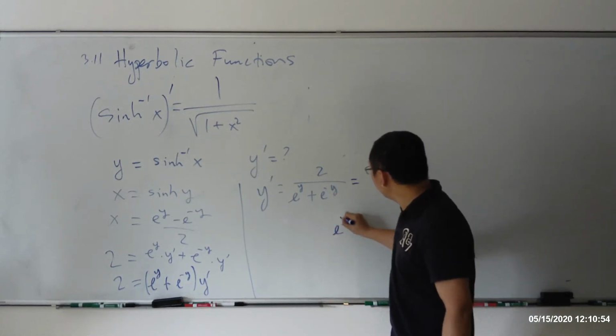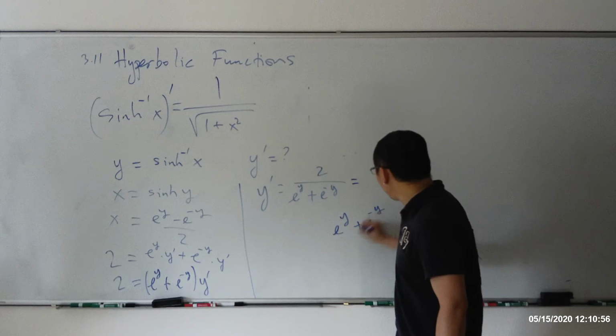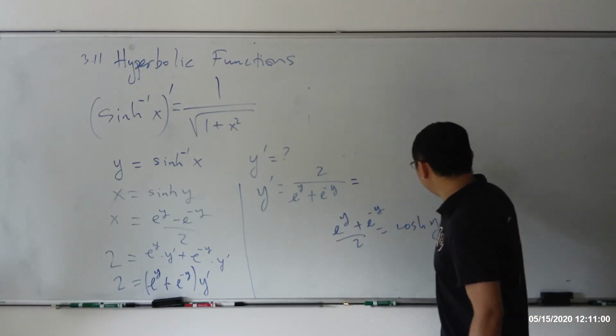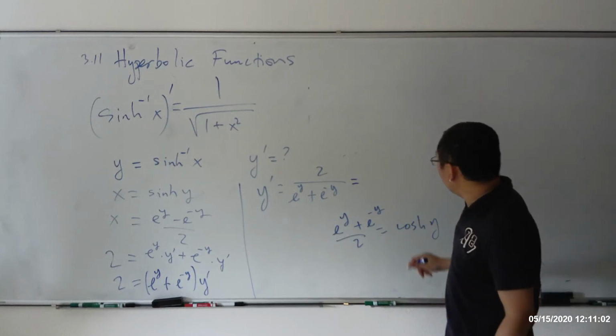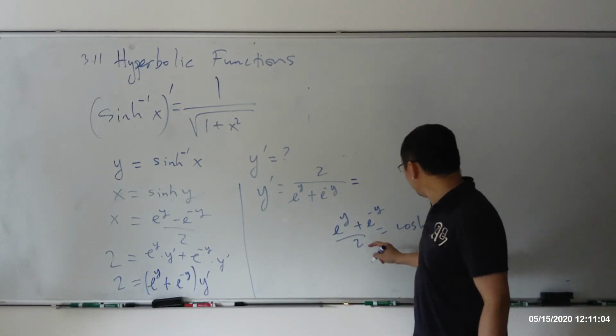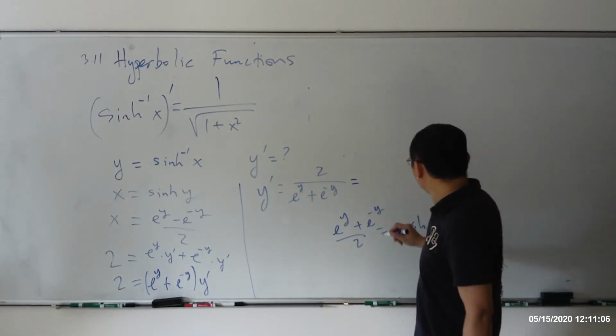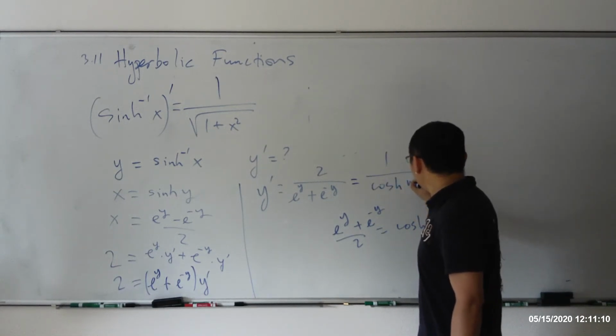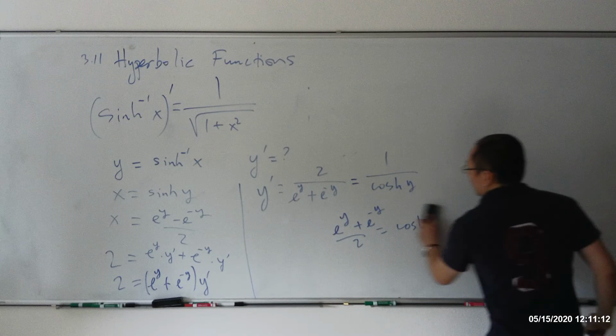We have e to the y plus e to the negative y over 2. This is hyperbolic cosine of y, right? So this is cosine of y over 2. So this is 1 over hyperbolic cosine of y, which is secant.